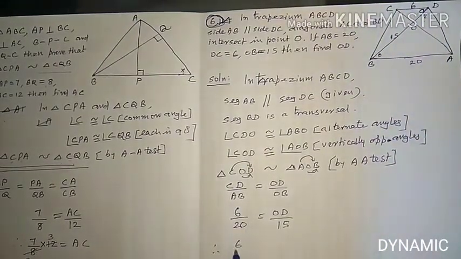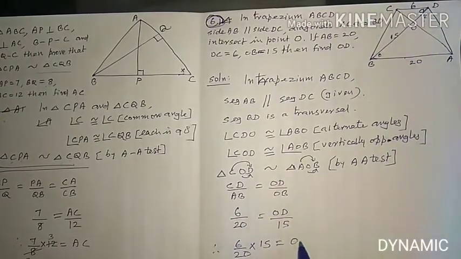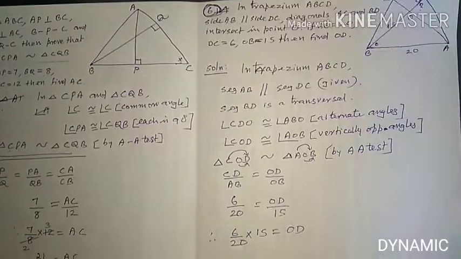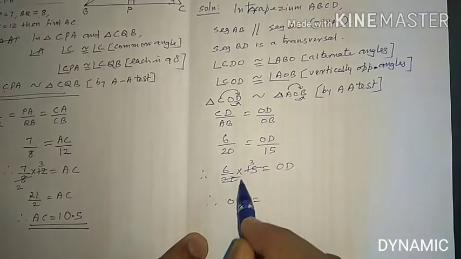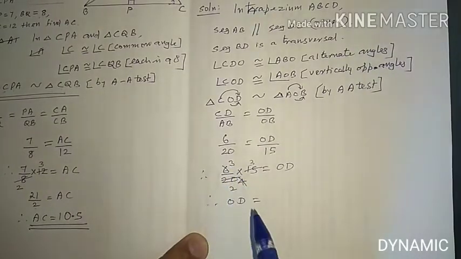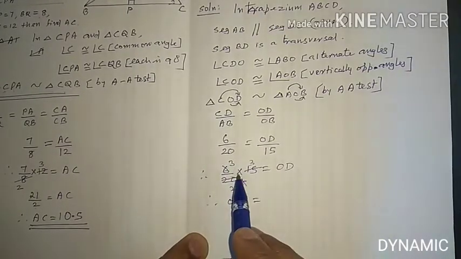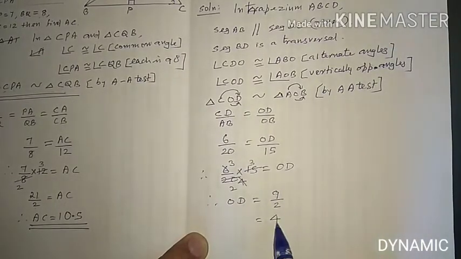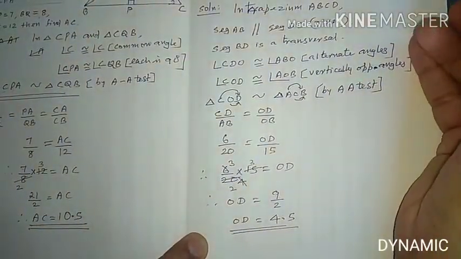Now we simplify: 6 upon 20 into 15 equals OD. Cancelling, the numerator becomes 3 into 3, 9, upon denominator 2, which is equal to 4.5. The length OD is 4.5.